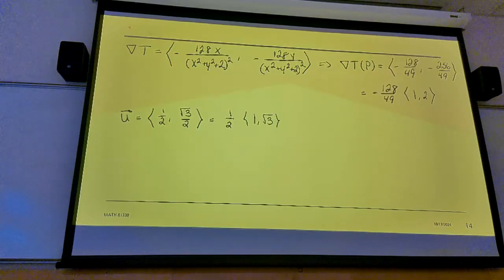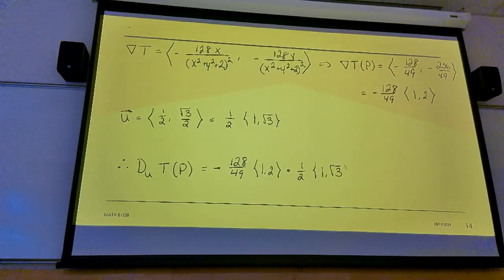Might be easier to write that way. But then we're going to have this dot product, right? And what do you get as your rate of change?